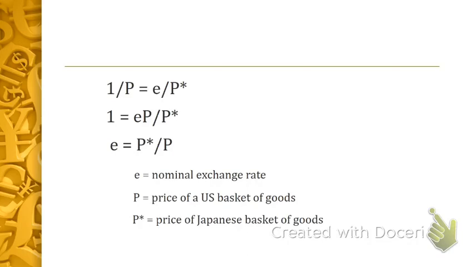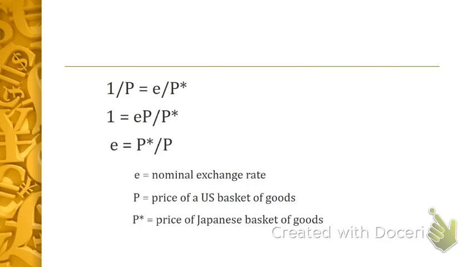If we manipulate that, we're solving for E. First I multiply both sides by P, and then we solve for E. Here we would multiply both sides by P star over P. I would clear this and move it over to the other side.